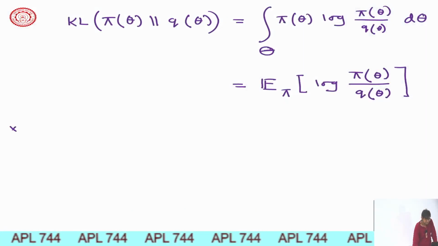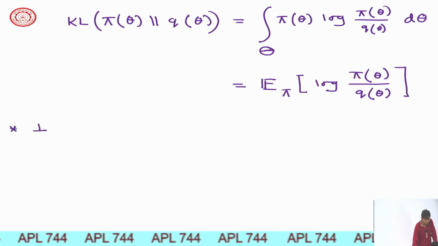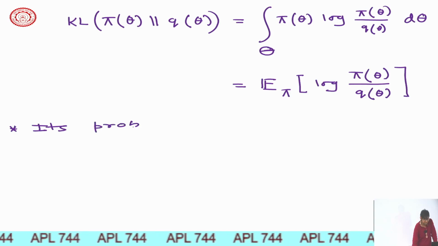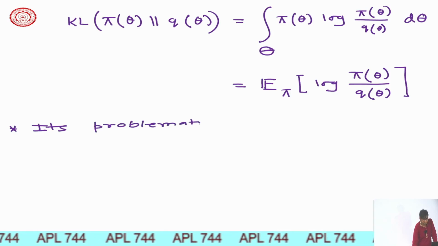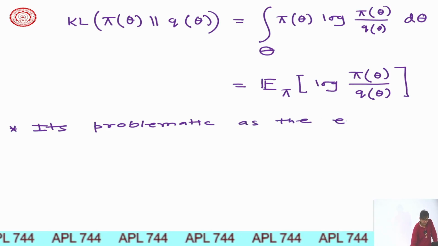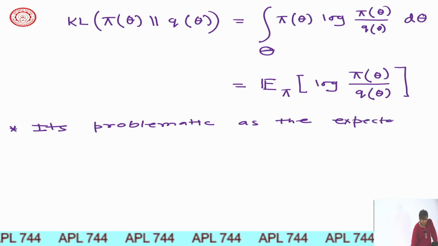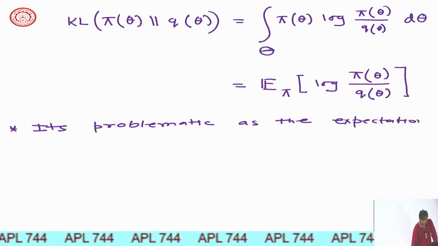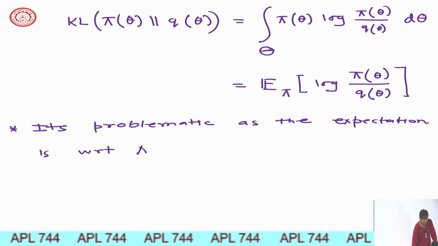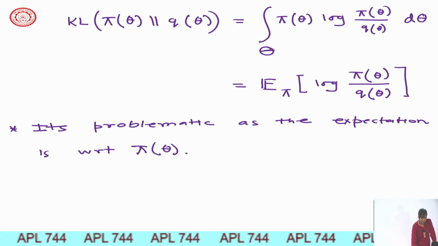So it's problematic as the expectation is with respect to pi. What is the solution?